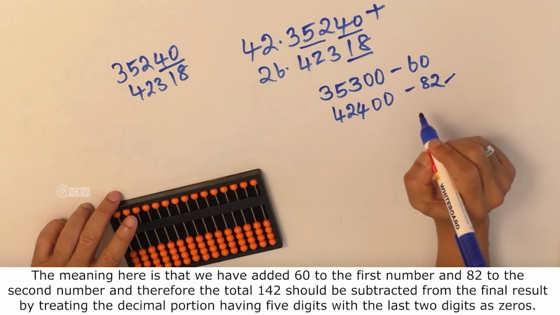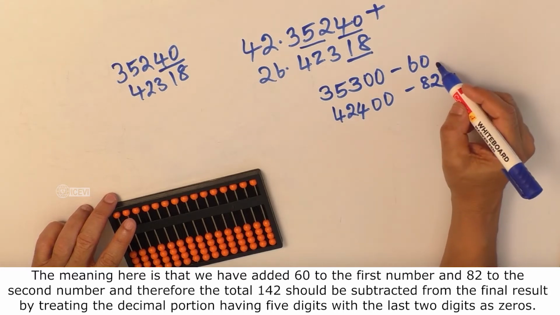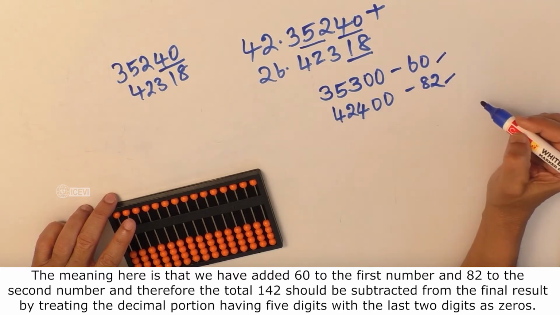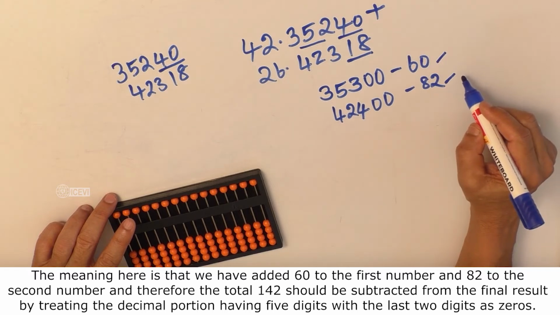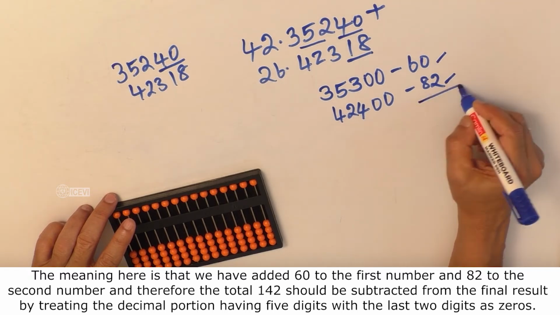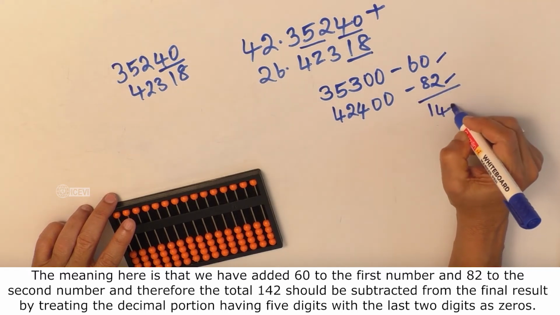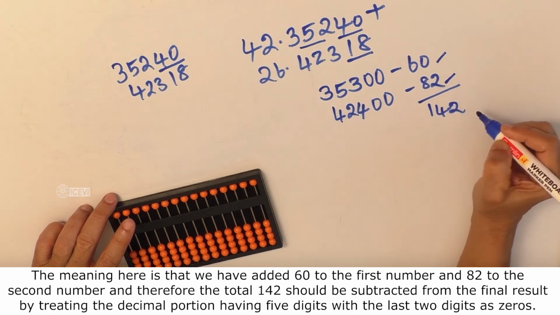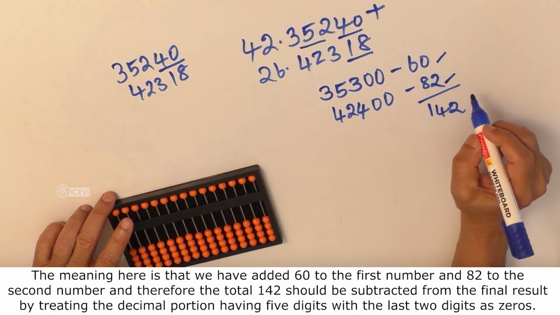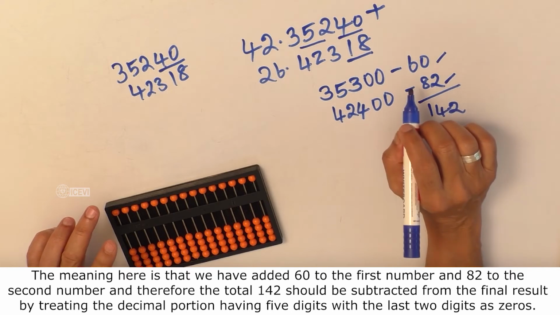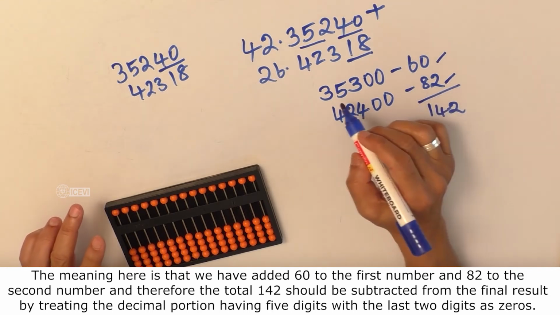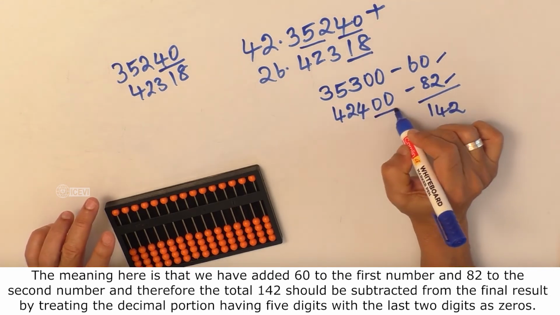The meaning here is that we have added 60 to the first number and 82 to the second number, and therefore the total 142 should be subtracted from the final result by treating the decimal portion having 5 digits with the last 2 digits as zeros.